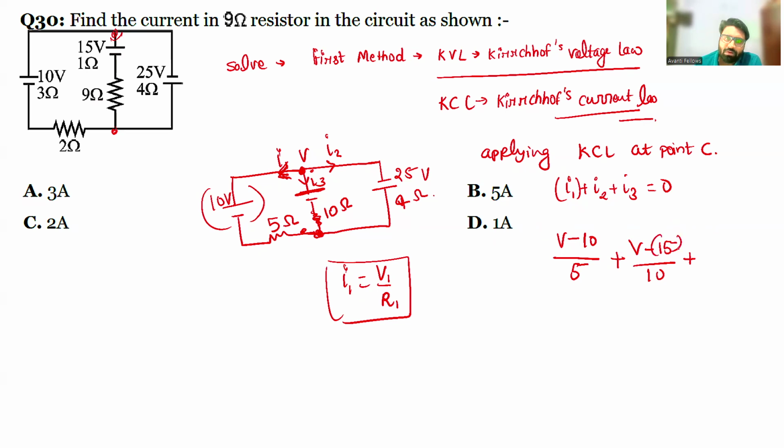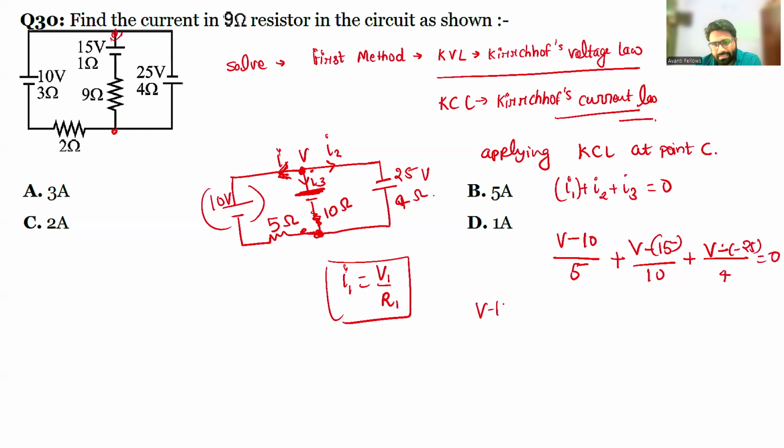So this is always positive plate you are hitting with the battery, but this time you are hitting a negative plate of the battery. Or you can say this particular battery is discharging. So in this case, the potential difference will become V minus minus 25 divided by 4 equals to 0.